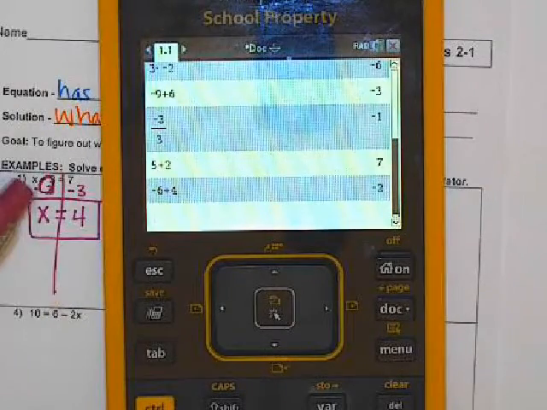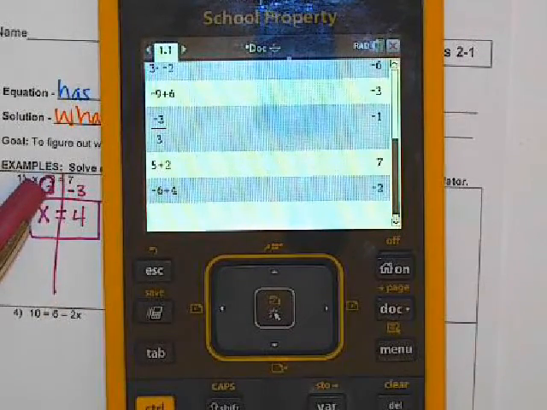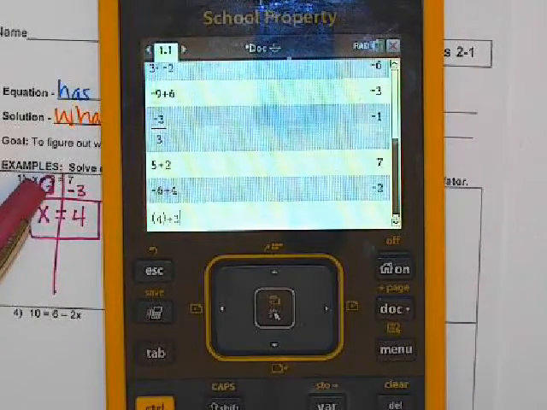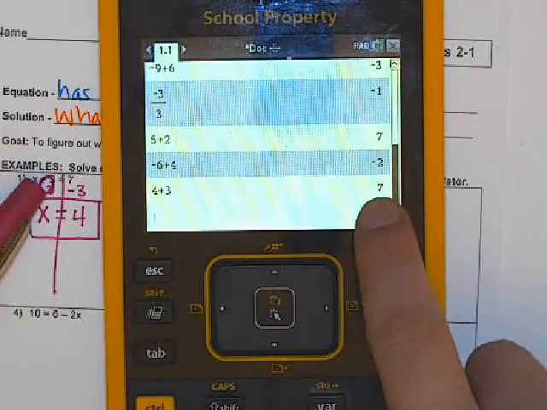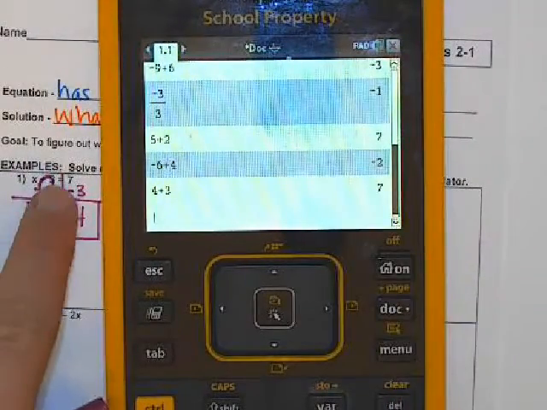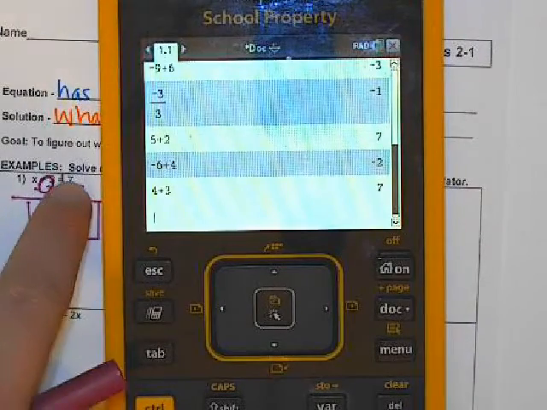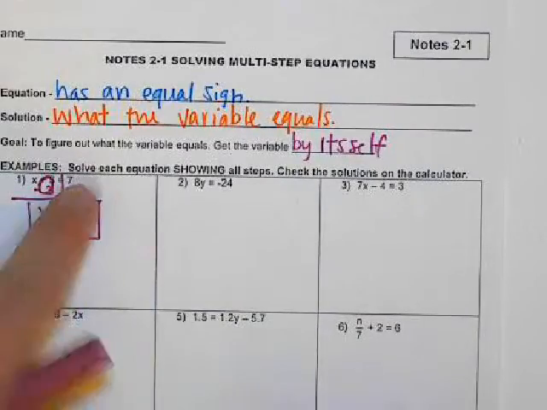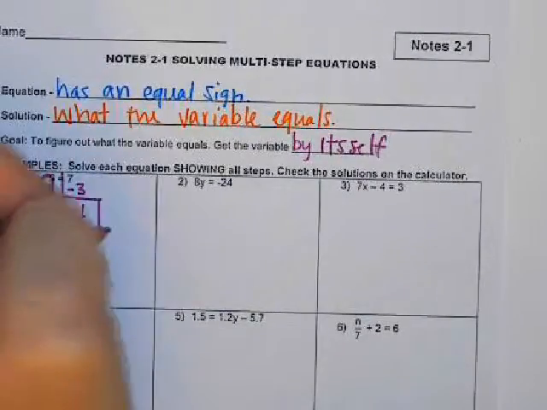So I'm going to take this 4 and plug it back into x plus 3. So parentheses 4 plus 3. And what do I get? 7. So if this side is 7, x plus 3 is 7, does that equal 7? Yes. So this is the correct answer, because 7 equals 7. So that works.